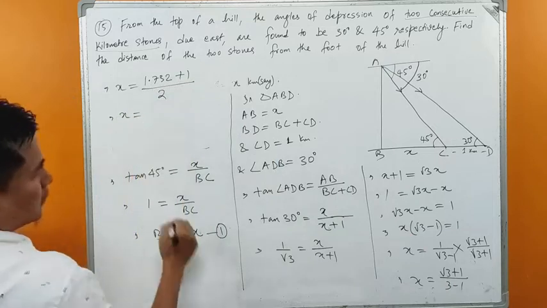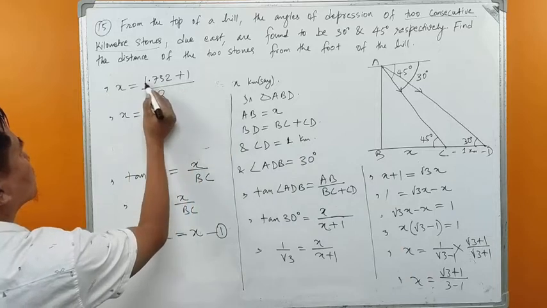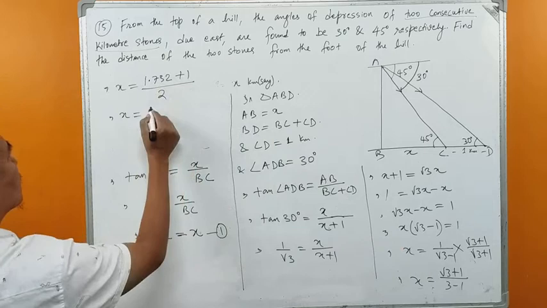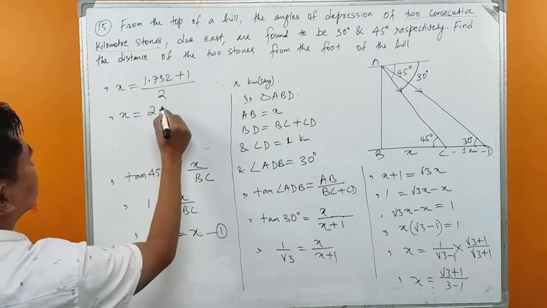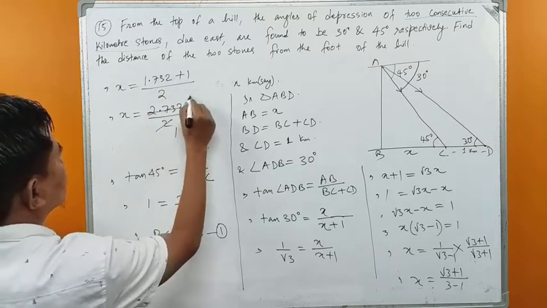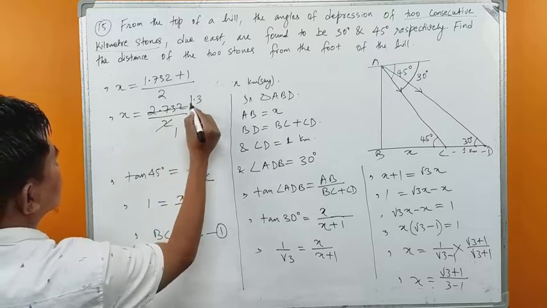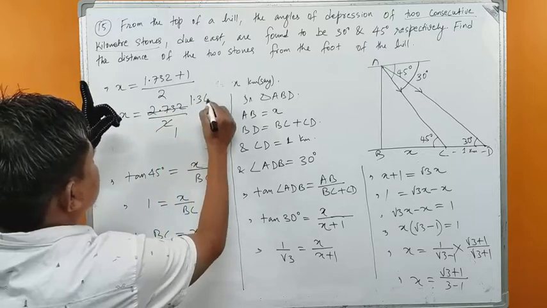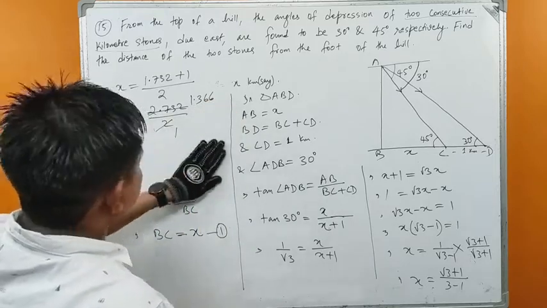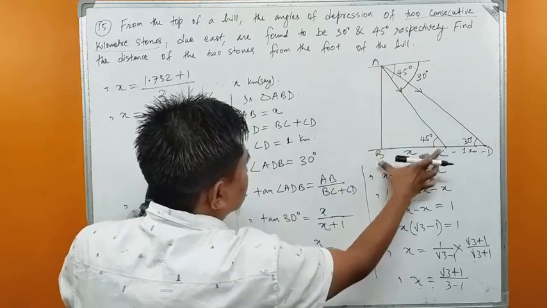The value of root 3 is 1.732, so root 3 plus 1 is 2.732, divided by 2. Dividing gives 1.366. So x is actually AB, and AB is equal to BC.